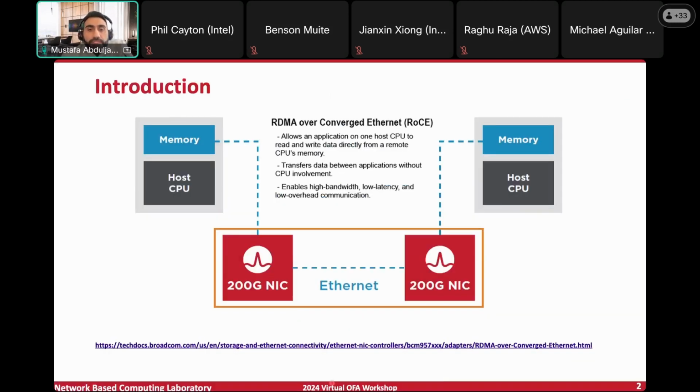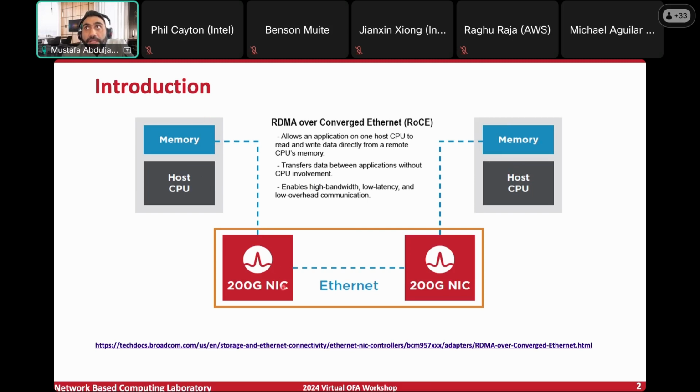So let me start by giving a brief overview of RDMA over Converged Ethernet, known as RoCE. At the core, RoCE enables RDMA, remote direct memory access, from the memory of one node to the memory of the other node, and bypasses the OS kernel.